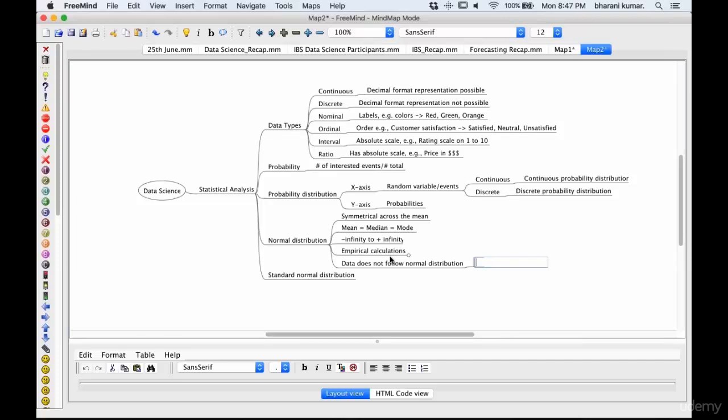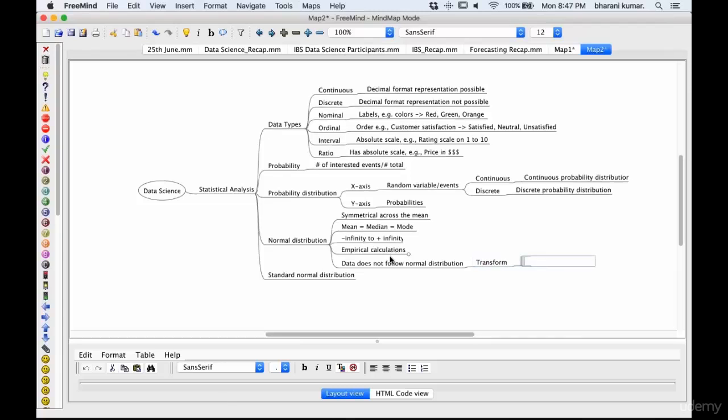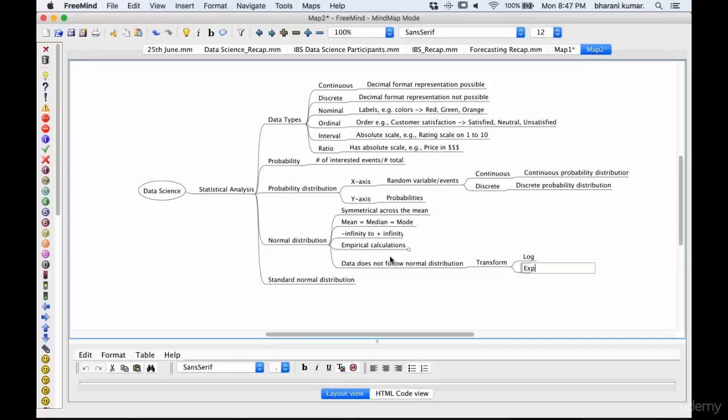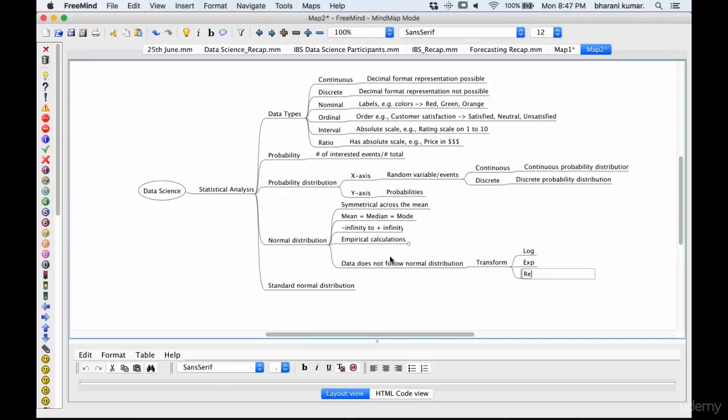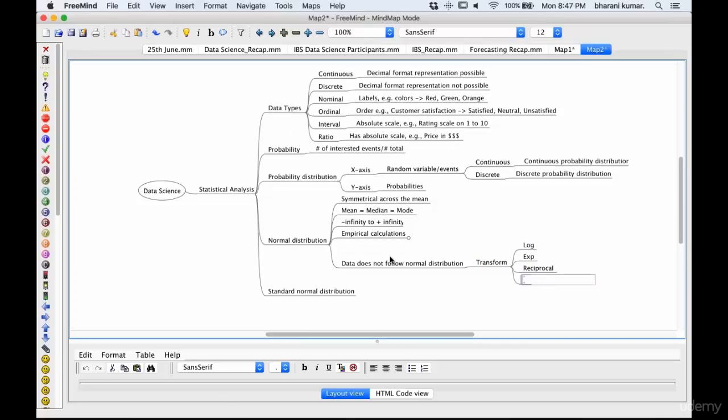How do you do that? You can transform the data and see whether the transformed data follows normal distribution or not. There are a lot of ways of transforming the data. You can do a log transformation, exponential transformation, reciprocal transformation, square root transformation, or cube root transformation, and the list goes on and on.